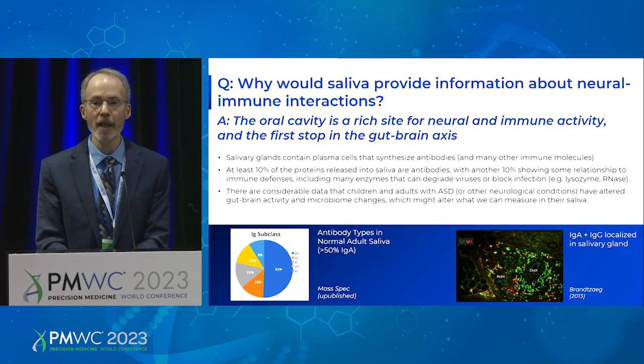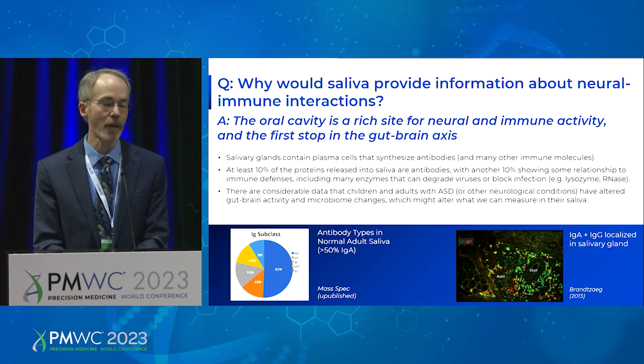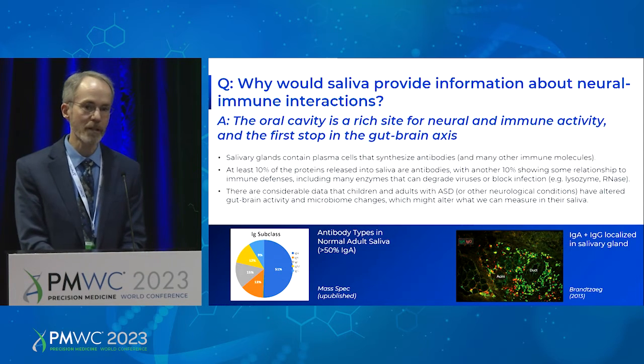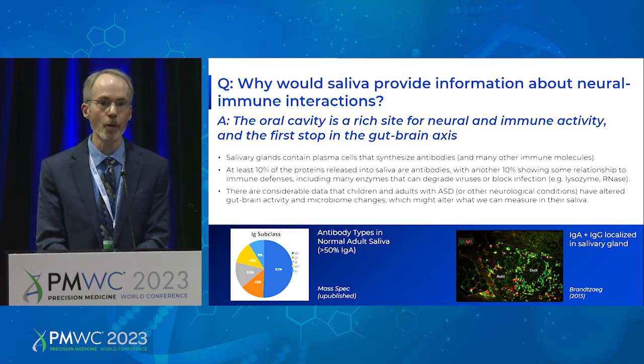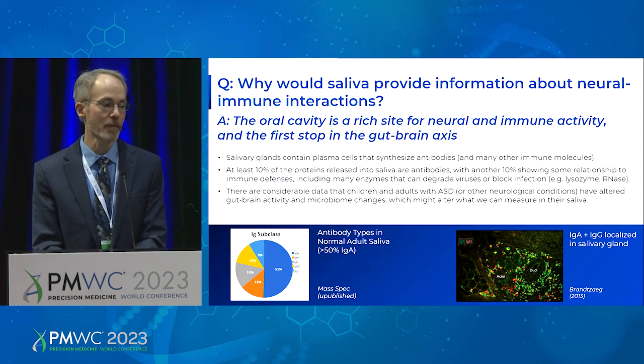Now, why would saliva provide information about the immune system? It turns out the oral cavity, as many of you may know, is a primary defense against infectious agents. It is a site where there are a lot of antibodies that are made in the cells that surround the salivary glands, which you can see in the lower right of this image.